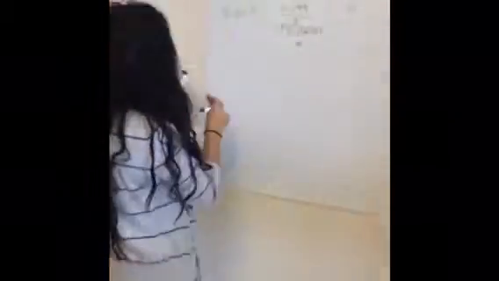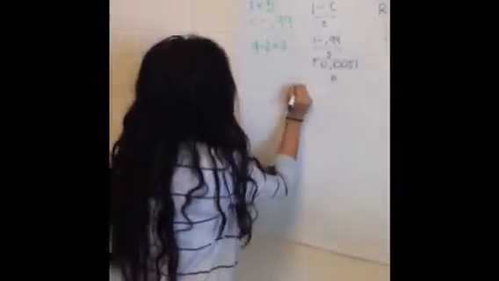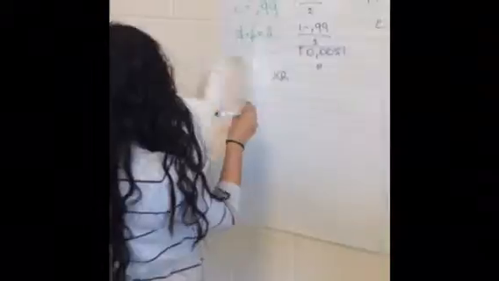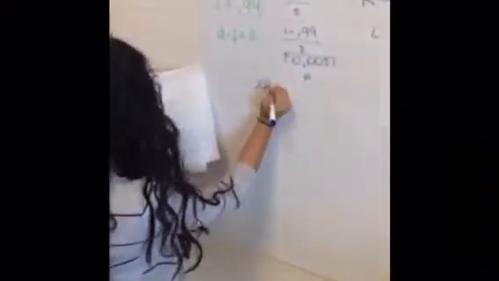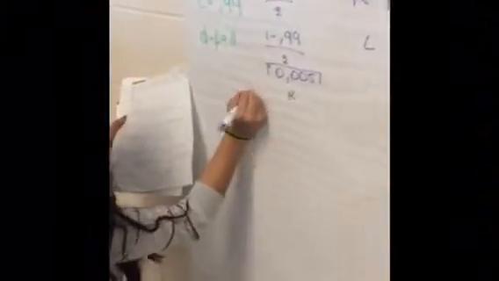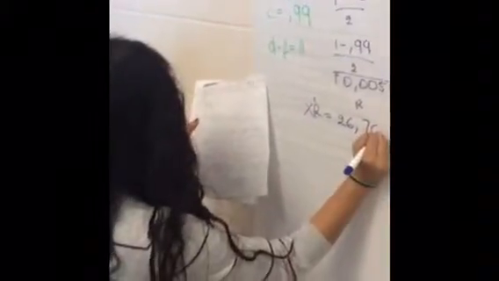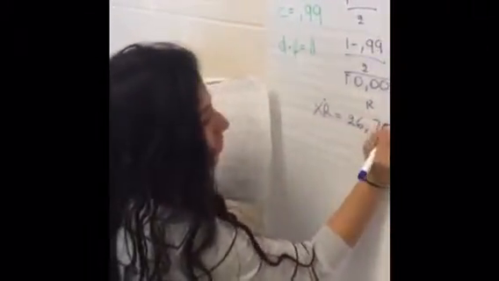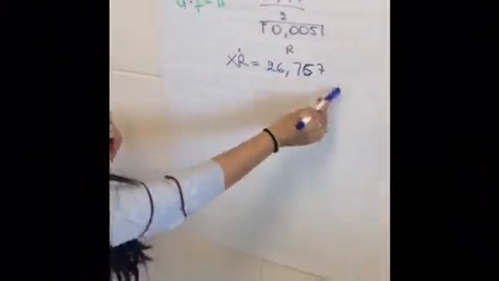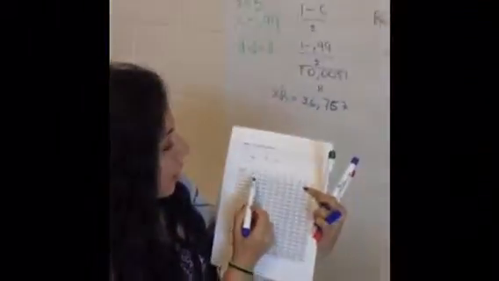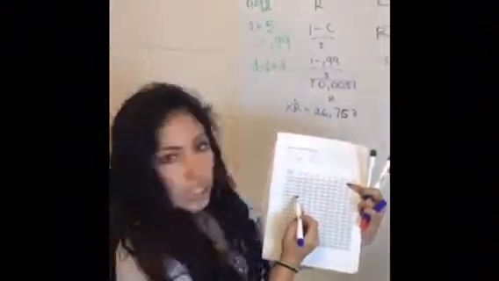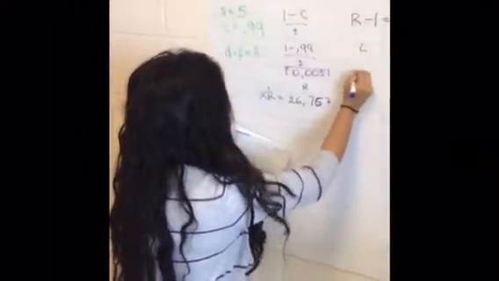So we put it here and that is called XR, 26.757. Now we're going to look for L. That is going to be the degrees of freedom that we have, and 0.995. That will be 2.603.